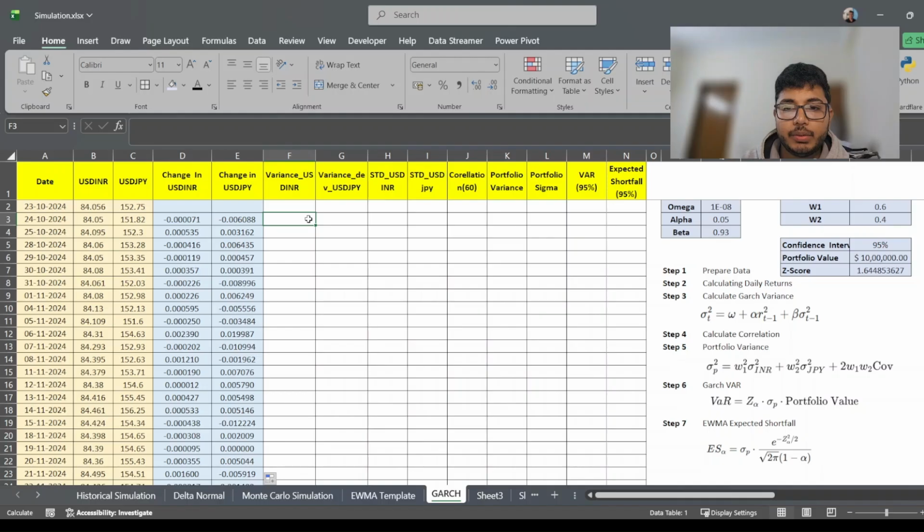Now we want to calculate variance. Here we need to provide a seed variance. Why do we need to provide the seed variance? When we start calculating GARCH variance on day one, we have a problem: we don't have yesterday's variance yet, but the formula needs it.